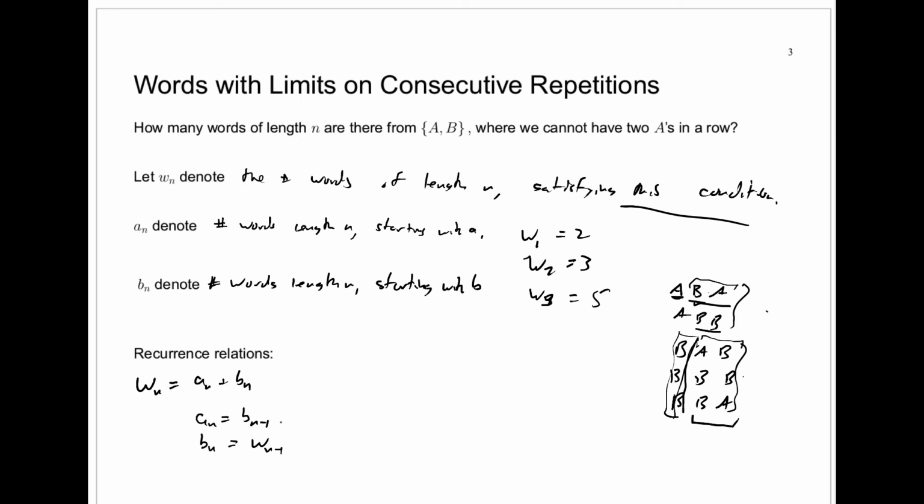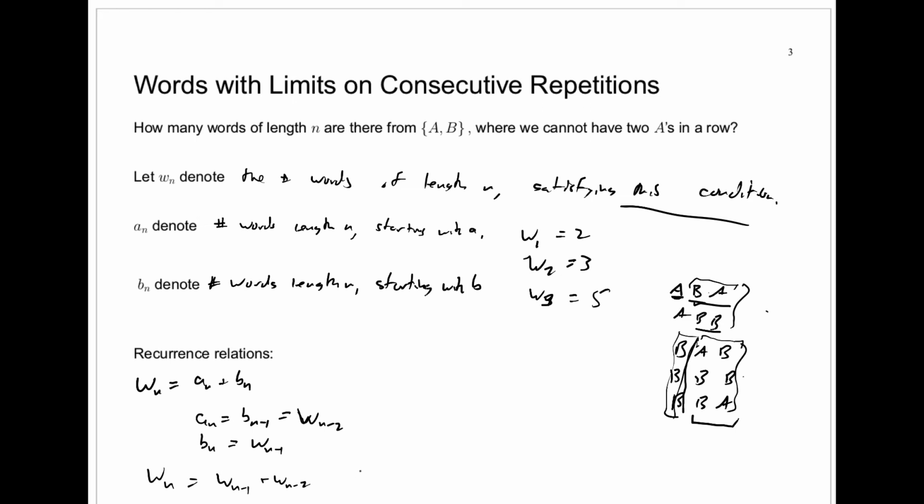Well, we can put those together, since A sub n is B sub n minus 1, and B sub n is W sub n minus 1. B sub n minus 1 is just the same as W sub n minus 2. And then W sub n, I'll rewrite it here, which is A sub n plus B sub n, is just the B sub n, which is W sub n minus 1, plus the A sub n, which is W sub n minus 2.